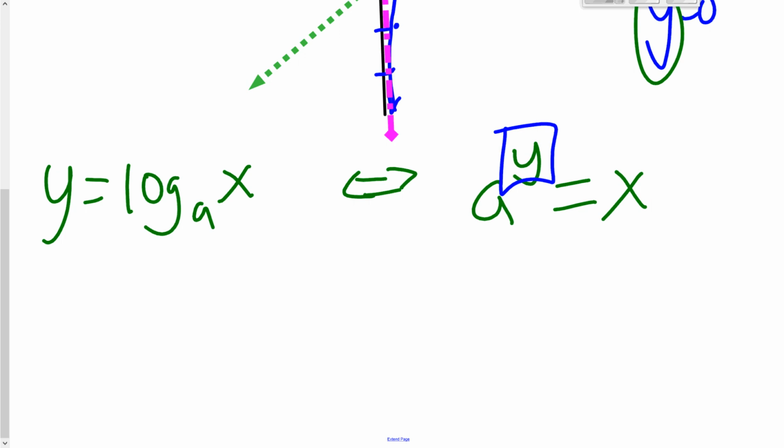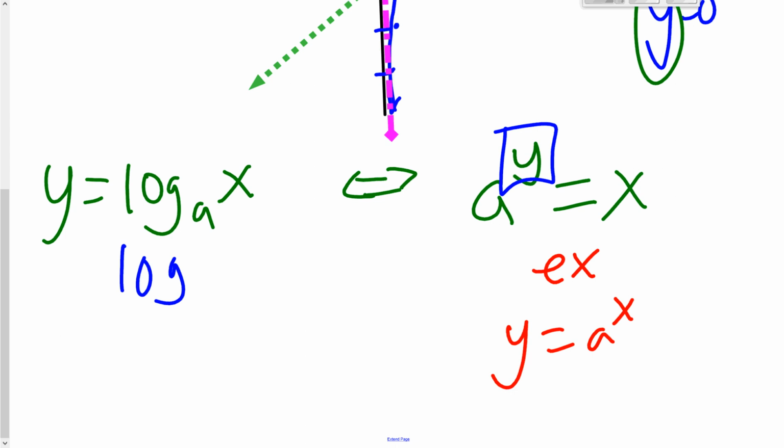Well, the basic format for an exponential looks like this, right? y equals a to the x, where the traditional log looks like the one above. But if we do the standard form of an exponential, it has the negative h on the x, and then we add some k after we take the exponent.